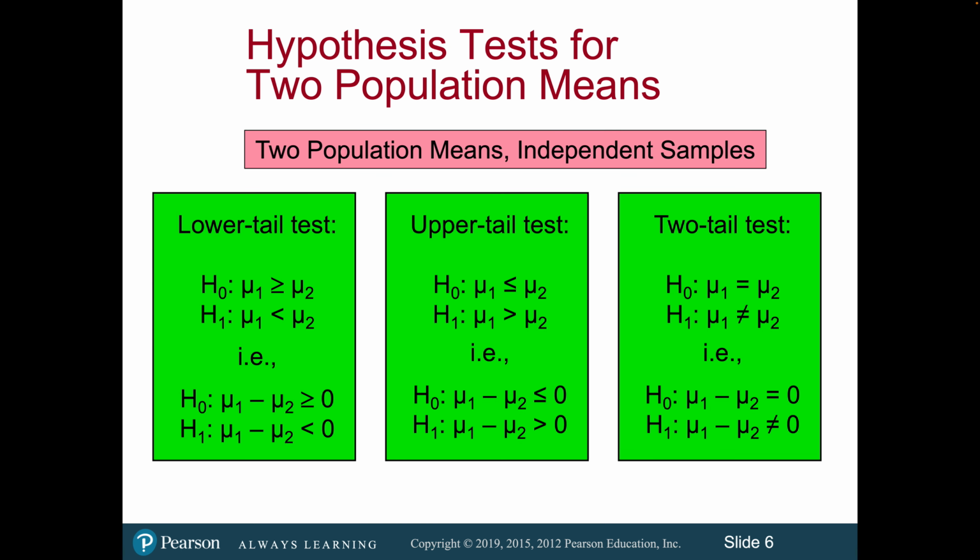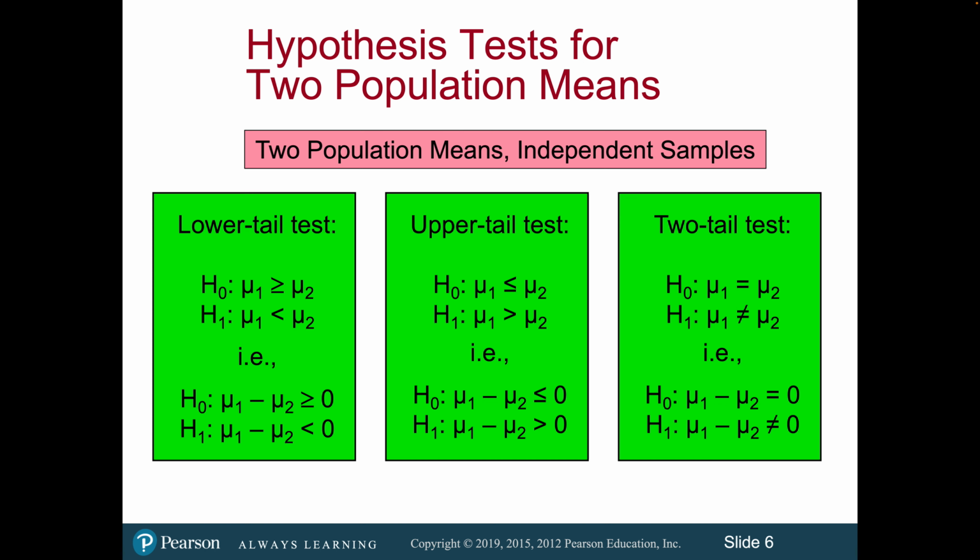So the hypotheses are a little different. This annoys me, but this is just standard procedure. It's just something I've got to get over. First of all, I want you to look at the far right green box, the two-tailed test. Notice that the null hypothesis has an equal to, like we always have had in hypothesis testing.